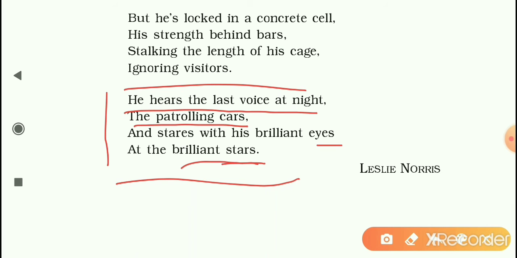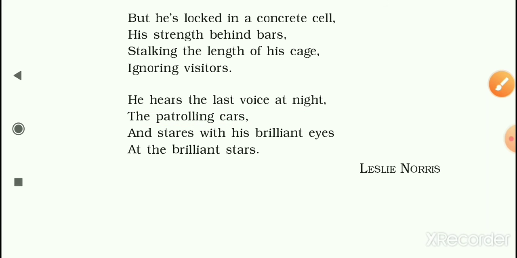The only natural thing he can see in that concrete bar, in that zoo, the only natural thing he can connect with is the sky full of stars. So that's what he does. He stares with his brilliant eyes at the brilliant stars.